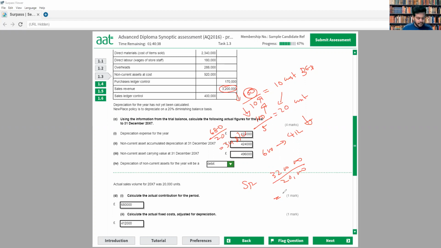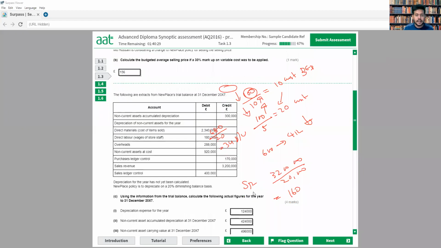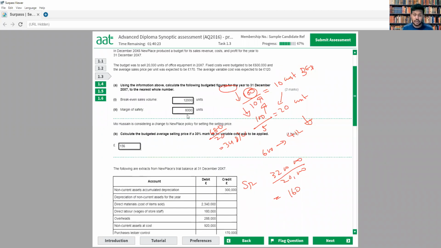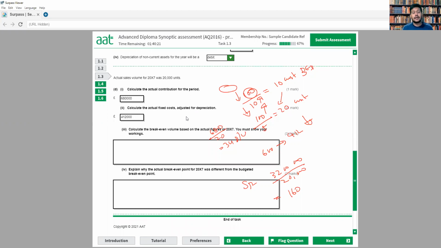That means my average selling price is now 160. But if you remember, my previous selling price was 170. So that means my selling price is also going down. If my selling price is going down, my contribution also goes down.